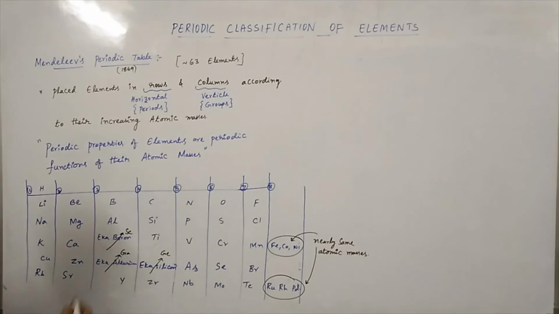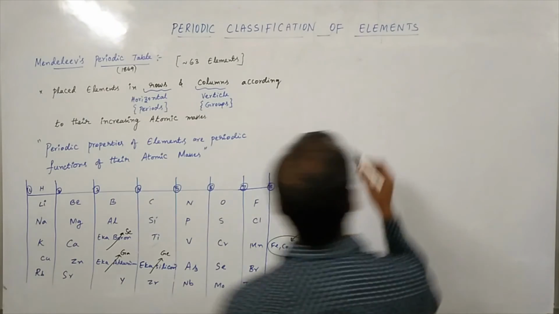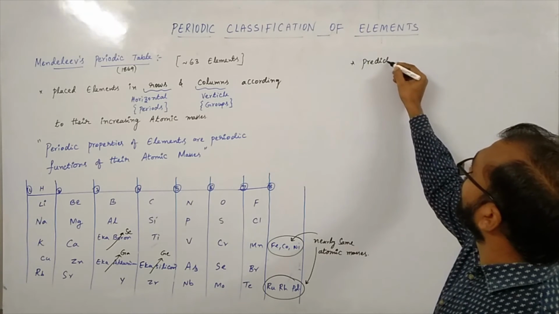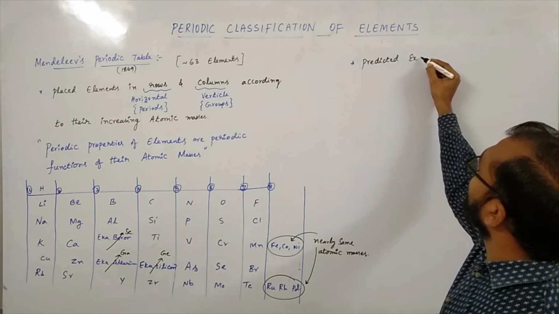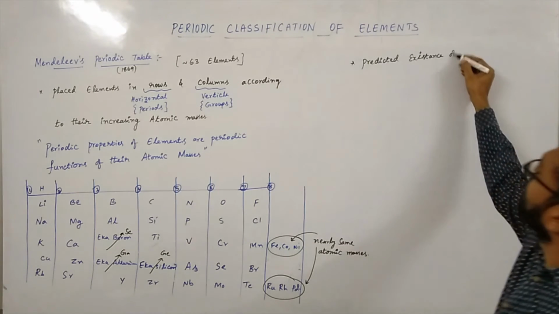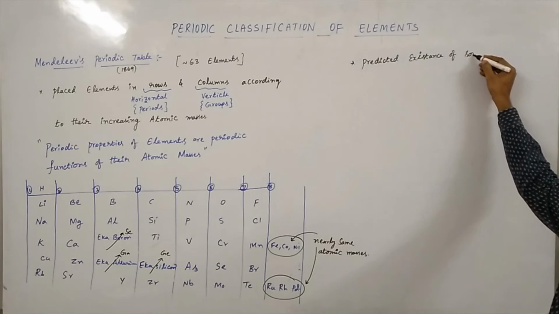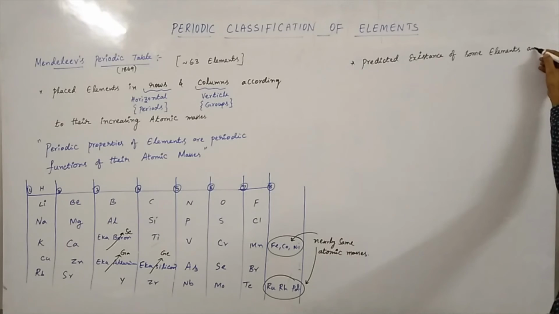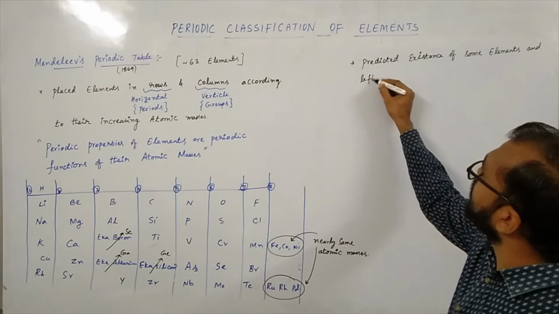What about these, boron, aluminium, silicon? These elements were not known at the time, but he predicted the positions and left blanks at those positions, right? So he predicted the existence of some elements and left space for them.